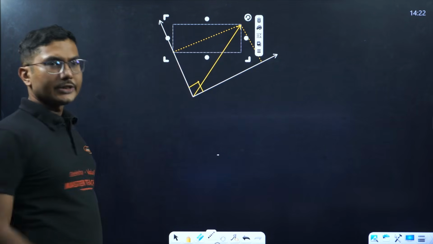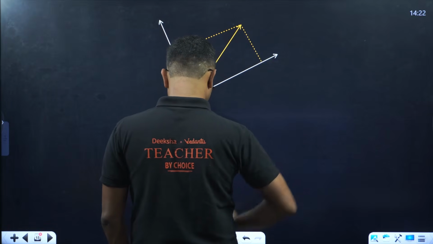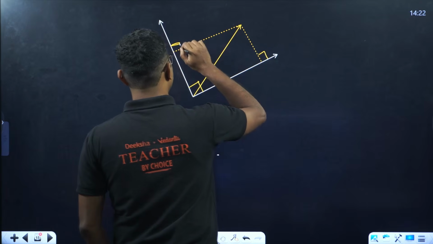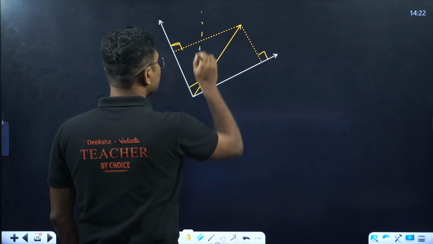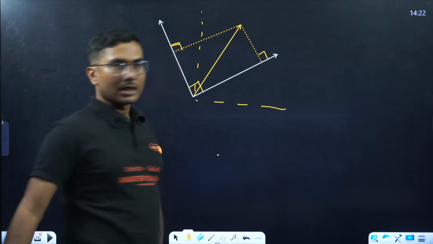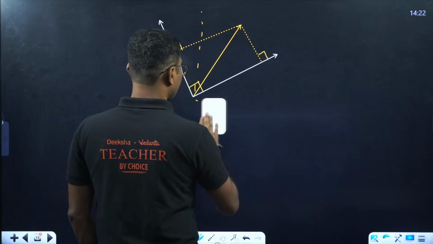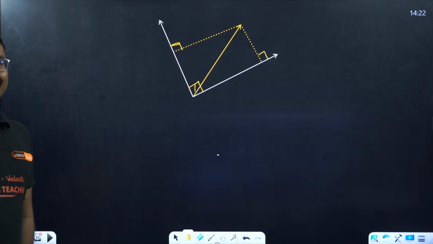So you just need to be careful that these are perpendicular. Then everything is fine. They need not be our conventional x or y axes. This is our conventional x and y axis, but it does not necessarily need to be this. It can be any two perpendicular axes along which you can take the resolution of a vector.